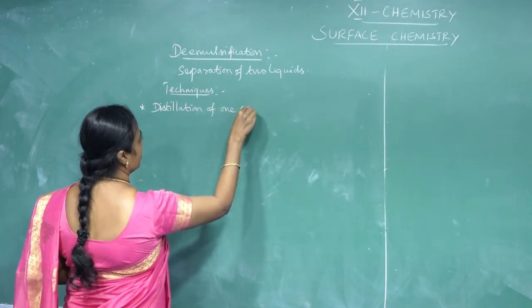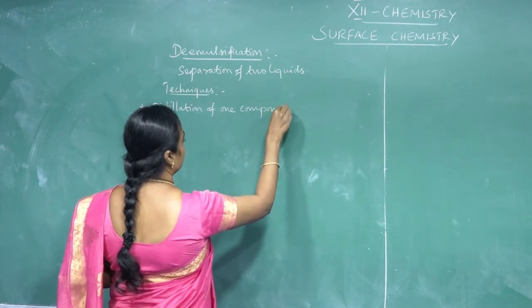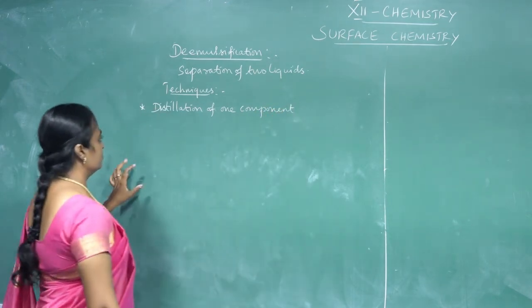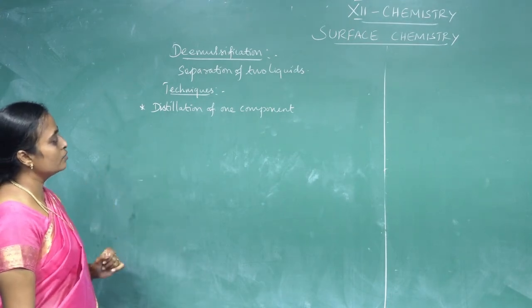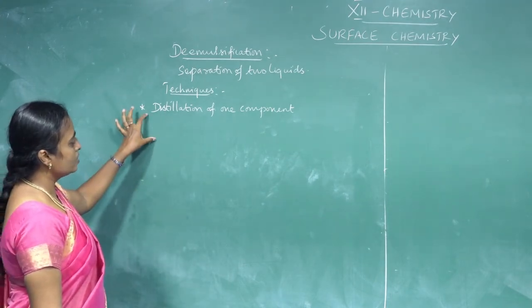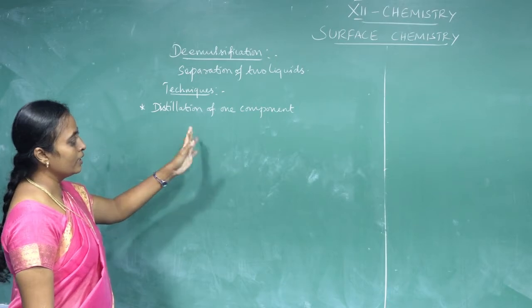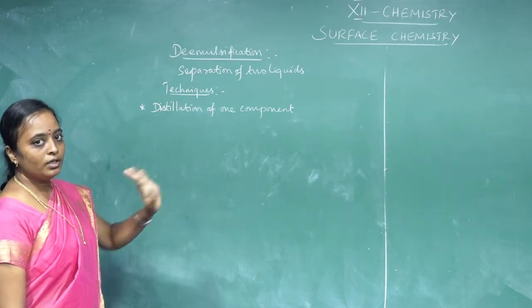We know that distillation can be used only for liquids. So here we are using two liquids, and by distillation of one component, we can separate one from the other.